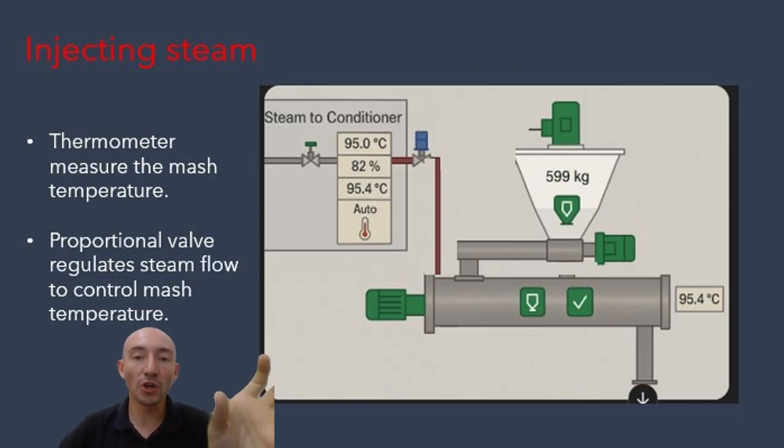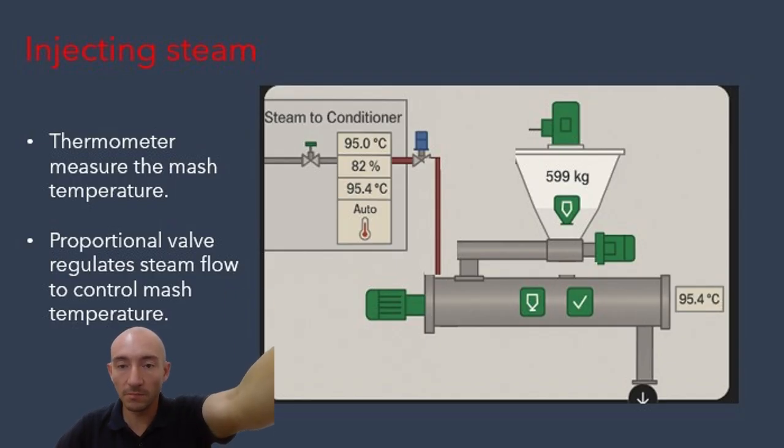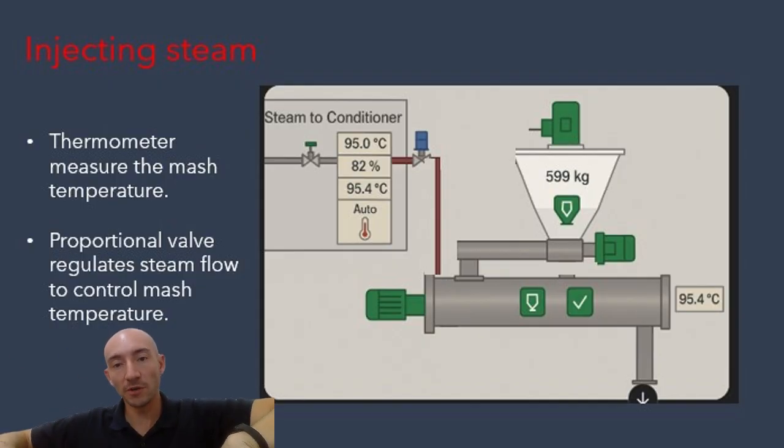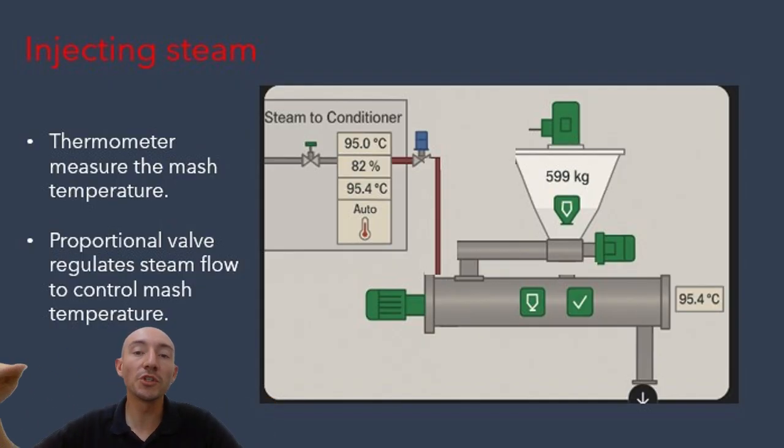You just need a pressure valve to reduce the steam pressure from the 8 bars that you have in your boiler down to 2 bars. And after the pressure valve, you're gonna have a proportional valve that is going to control the amount of steam that you're injecting inside your conditioner to reach and to maintain your temperature at the temperature target.